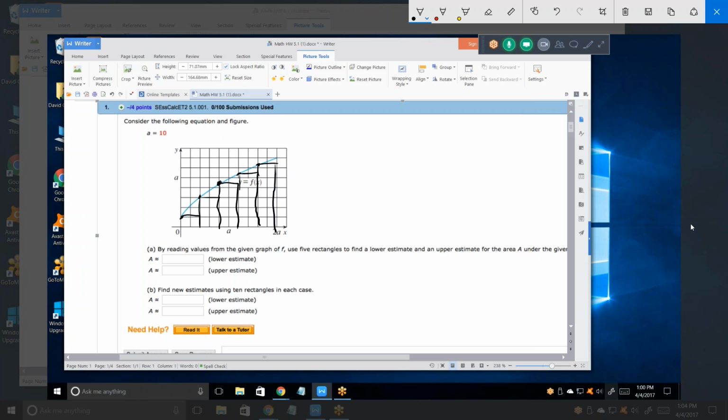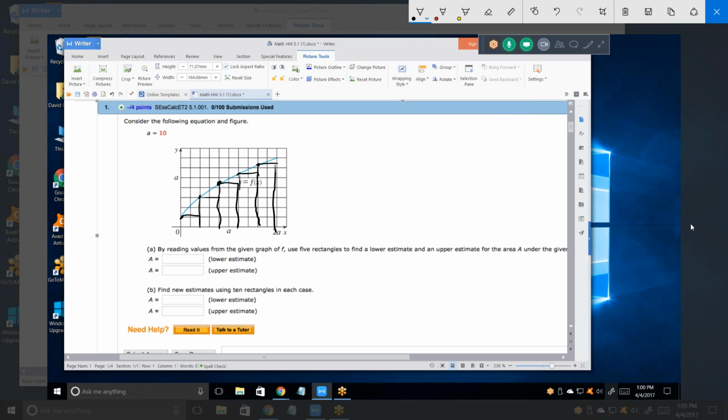Well, it's not that hard to figure out the area of these rectangles. I know that they're each 4 units wide. This first rectangle is 2 units tall. Second rectangle is 6 units tall. The third rectangle is about 9 units, and so forth.